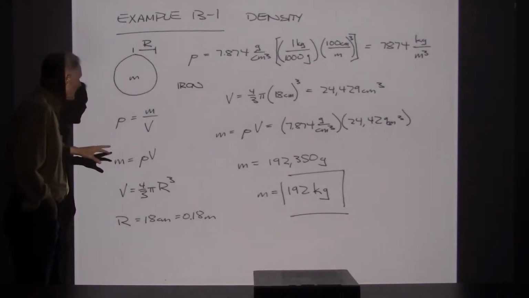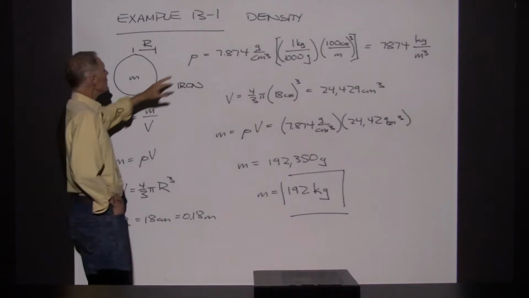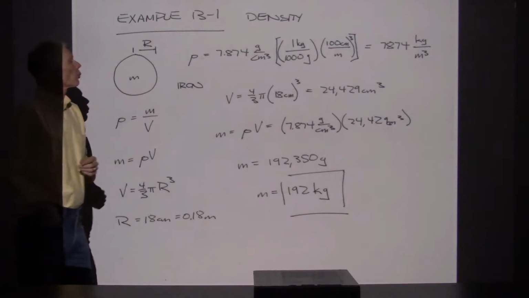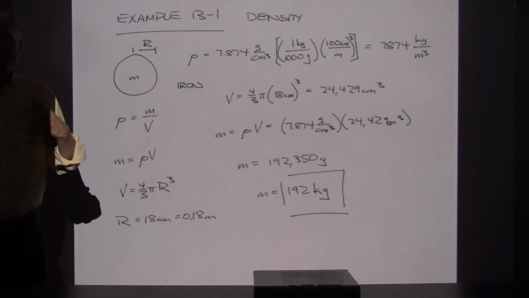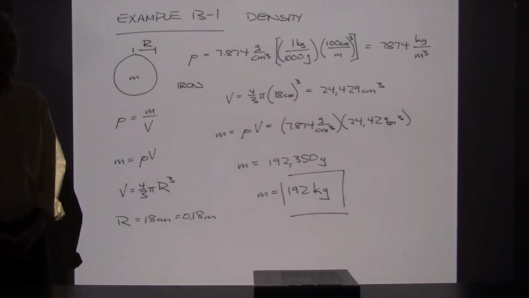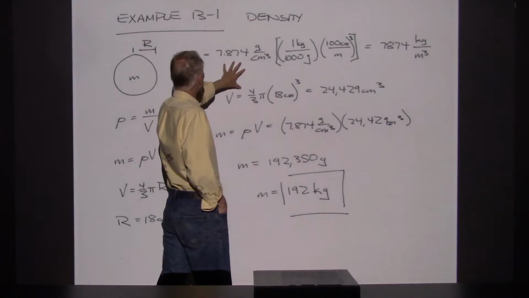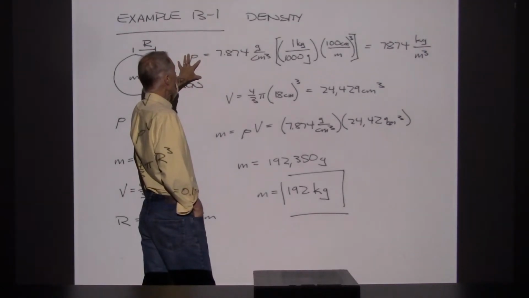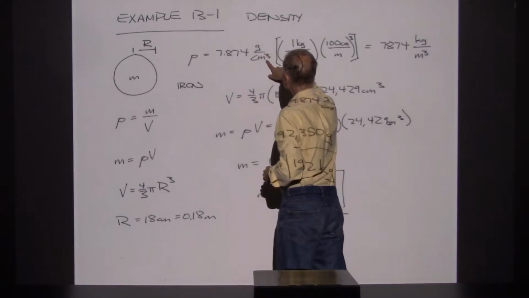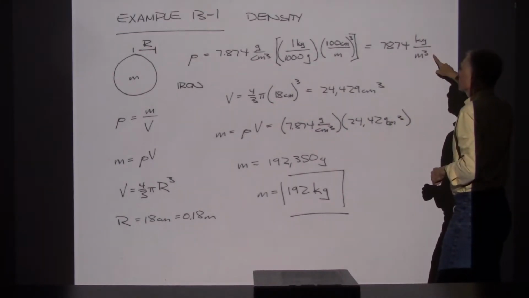And I looked up the density. All right. So I looked up the density of iron, and it was listed as 7.874 grams per cubic centimeter. I don't know how much variation you see with different types of iron and how they've been produced, but anyway, this was a number that I found. And so what I did was I converted that, and here's an example of going from grams per cubic centimeter into kilograms per cubic meter.